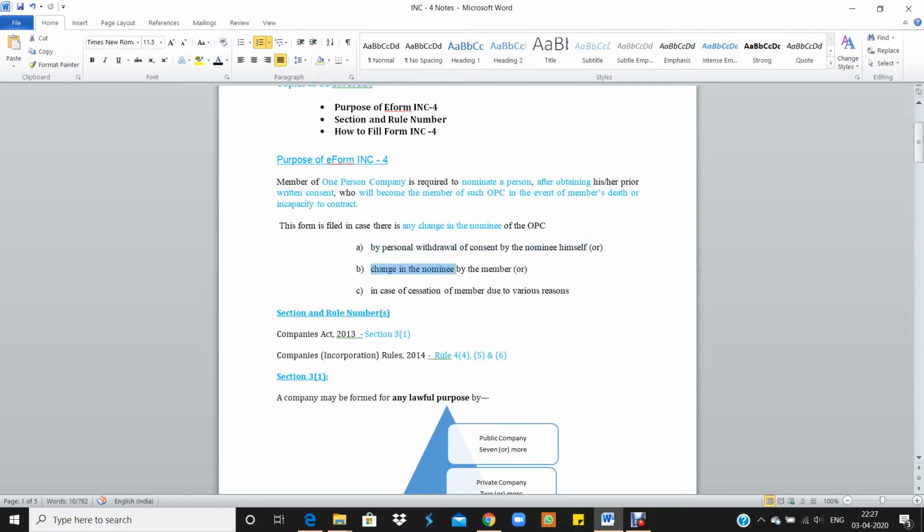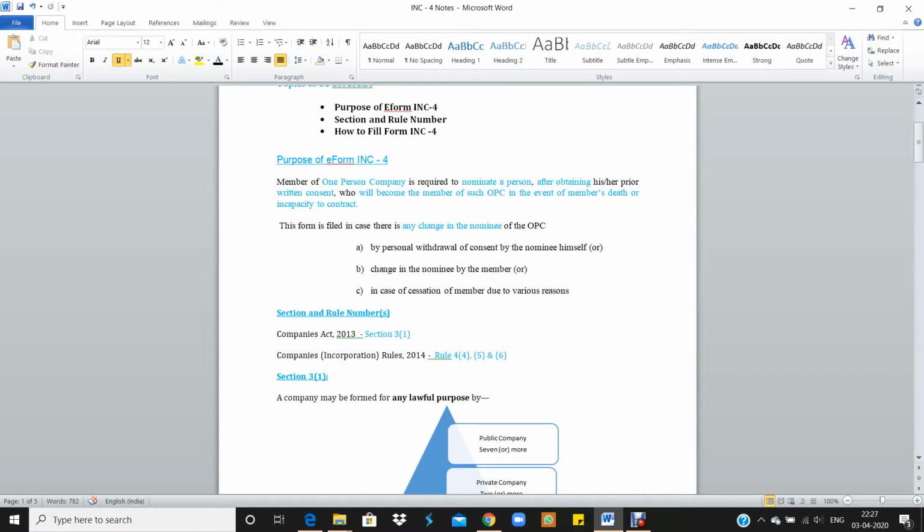And when there is a change in nominee by the member, if the subscriber wants to nominate another person in place of the previous nominee, then also the company has to file eForm INC 4. And in the third case, cessation of the member due to various reasons, such as the death of the subscriber or the incapacity to contract of the previous member, in this case also the company has to file INC 4.